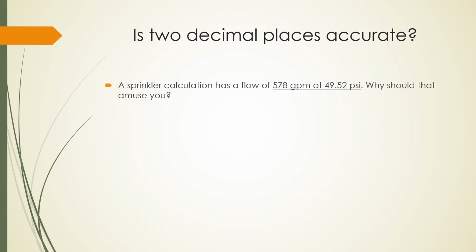You'll see calculations that will be to the second decimal point. I mean, in this case, for instance, let's just say as in our prior example, the sprinkler demand was 578 GPM at 49.52 PSI. You should, after having seen all of my videos, calculate the second decimal point.